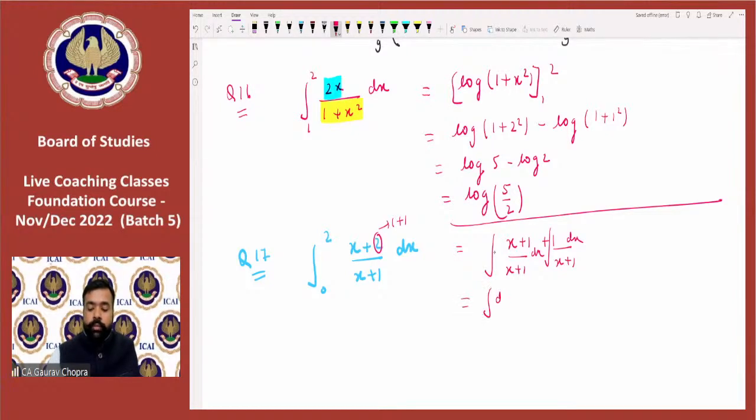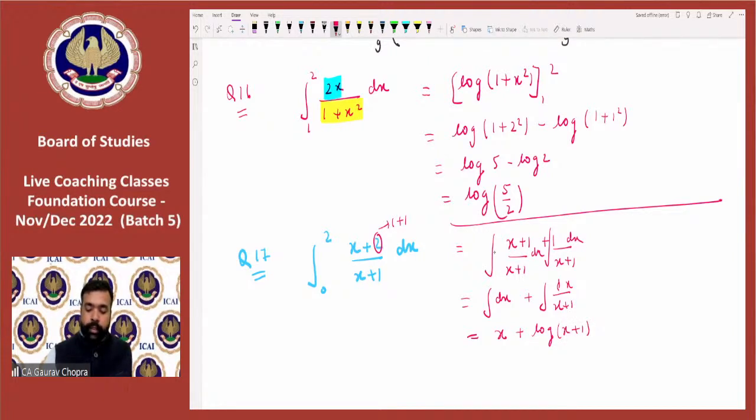So it becomes integration of dx plus 1 upon x plus 1. So how much will it become? x plus log of x plus 1, since the integral of 1 upon x plus 1 is log of x plus 1.